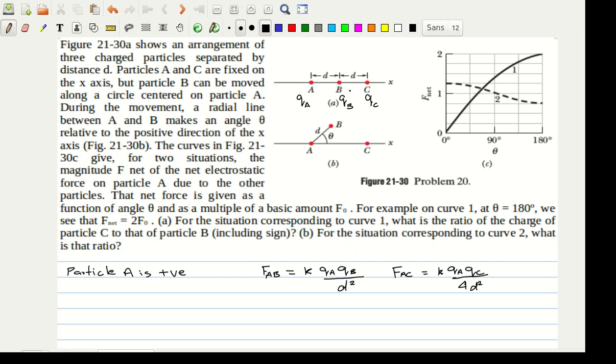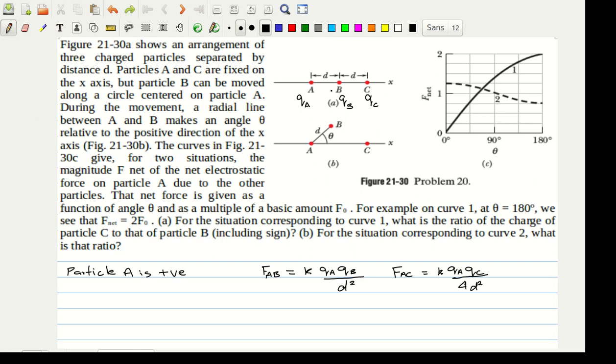This can happen only if B and C are oppositely charged. If A and B are both positive, then force FAB will be towards the left, and if C is negative, then its force will be towards the right, and these forces can balance out if the charges are of the right amount.